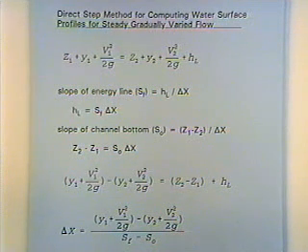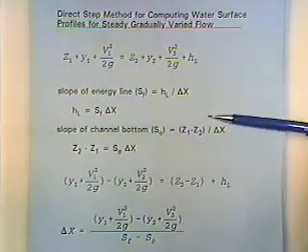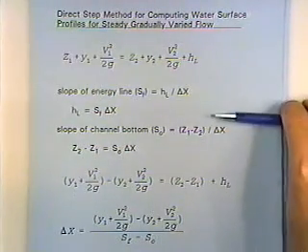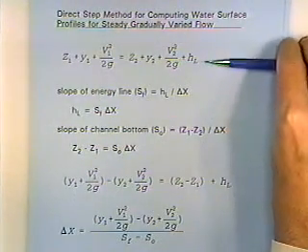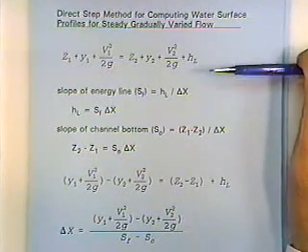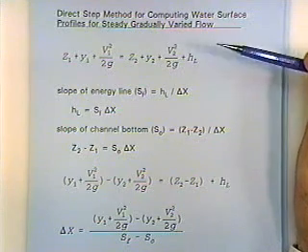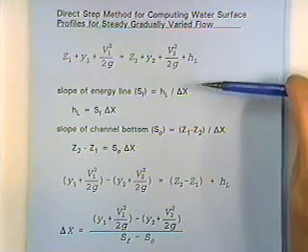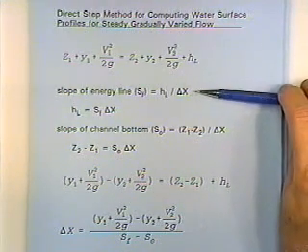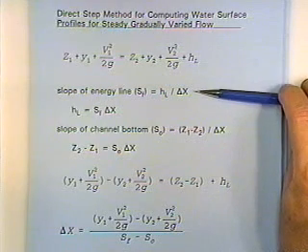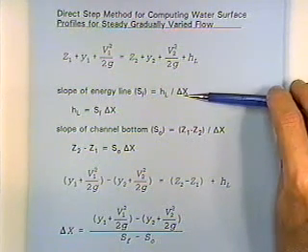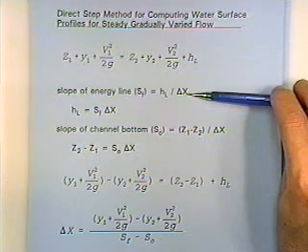Direct step method first. And so we're deriving the basic concept here. Everything's based upon the energy equation, so we write it first. So there's our old friend, the energy equation, the workhorse of hydraulics. Remember, the slope of the energy line, if you remember back to the diagram, is just the head loss divided by the distance between the two sections.